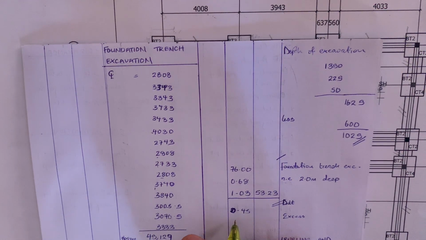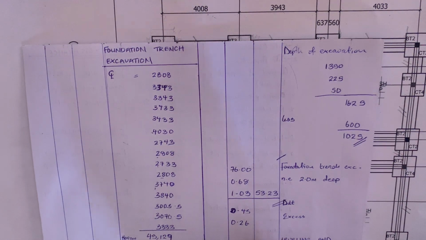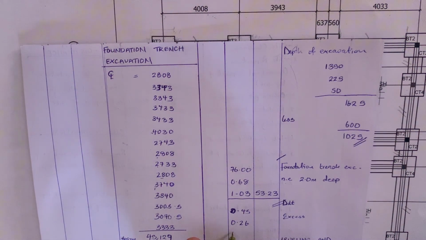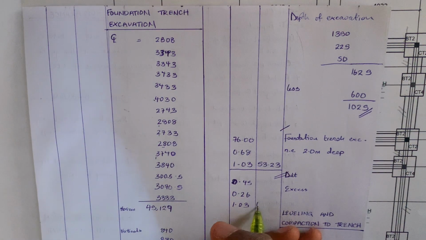That's the length. The width is 262.5, which is 0.26, and then by our depth, which is 1025, which is 1.03. When you multiply everything together, you're going to be having 0.12.